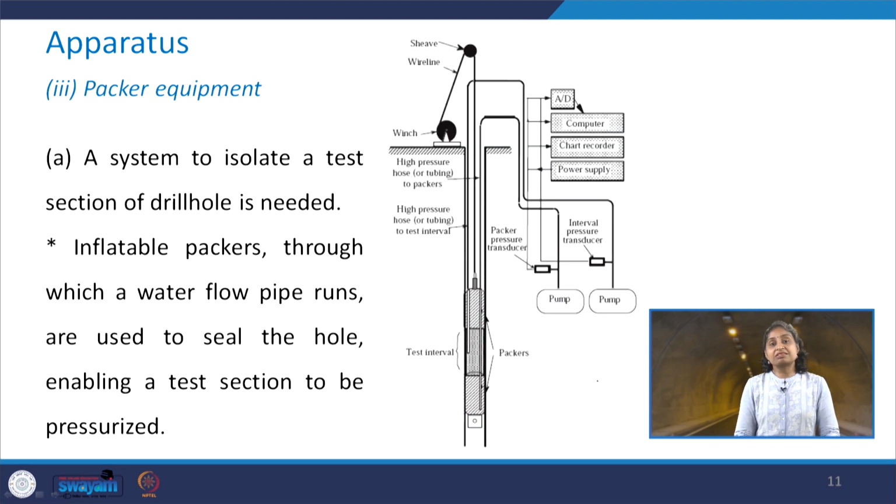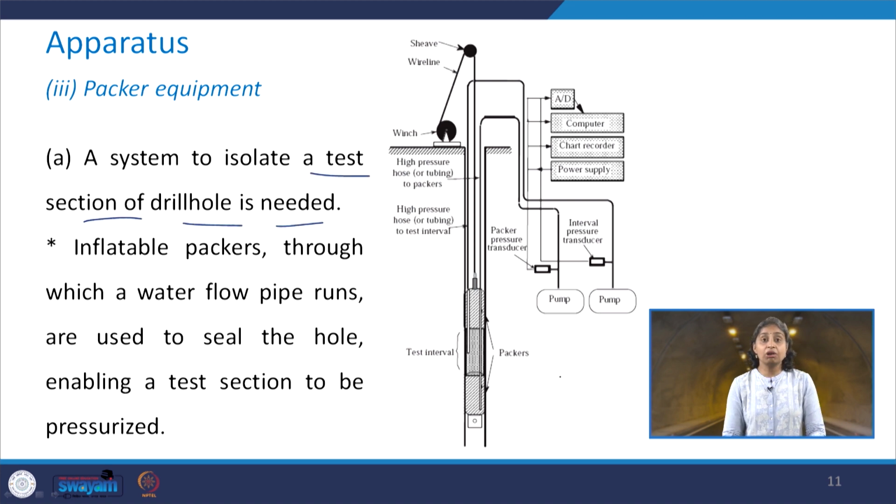Coming to the next category of equipment, which is the packer, extremely important as far as the hydraulic fracturing test is concerned. This is a system to isolate a test section of drill hole, and it is essential.